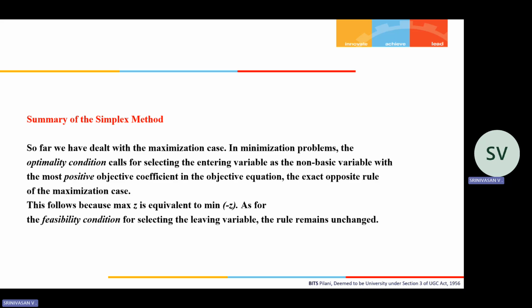It has to be made to be of maximization type by changing the variable into its negative and going for a maximization problem. So this follows: maximum Z is equal to minimum of minus Z.